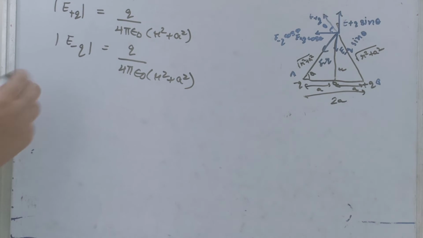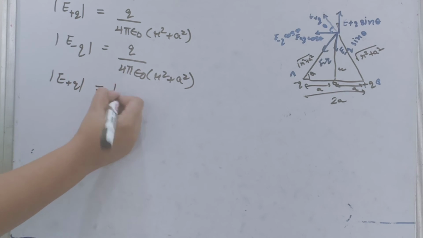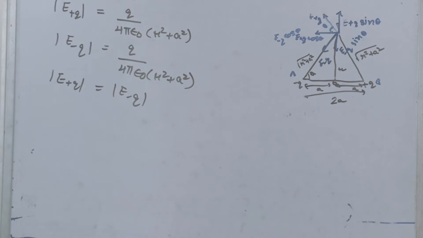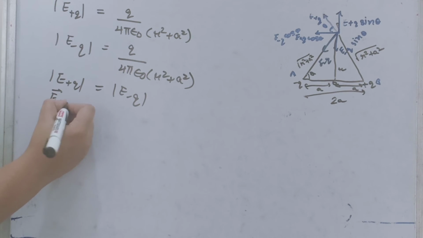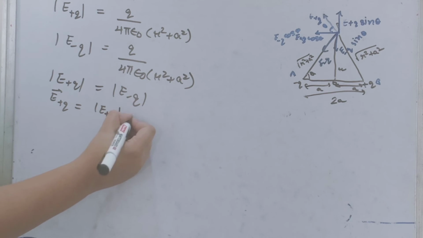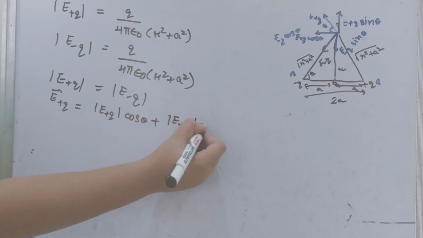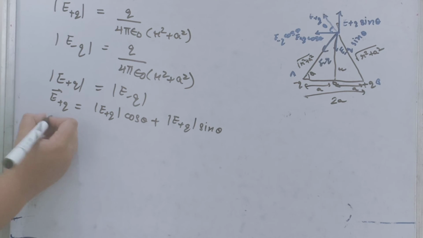So very clearly, magnitude of electric field due to plus Q charge is equal to magnitude of electric field due to minus Q charge. Now E plus q vector is made up of magnitude of this cos theta plus magnitude sin theta. Fine.